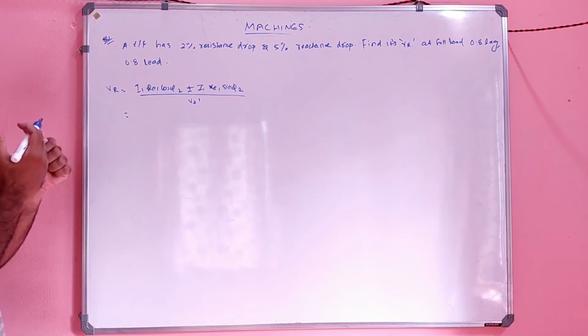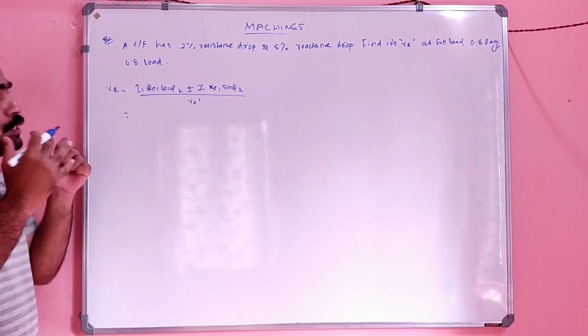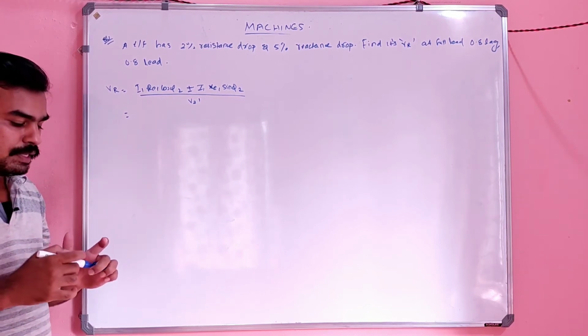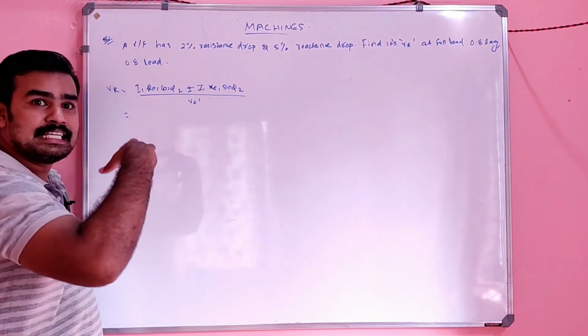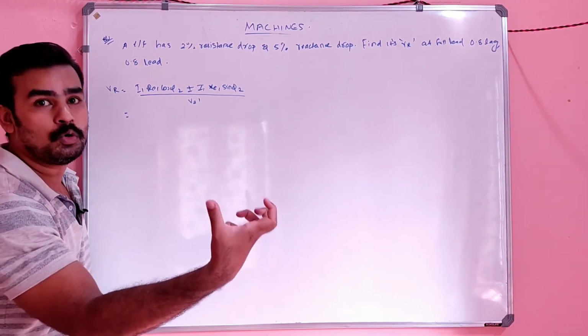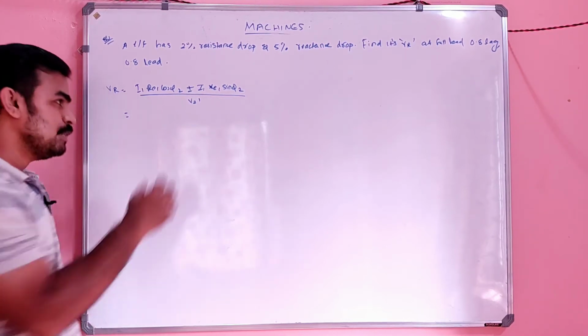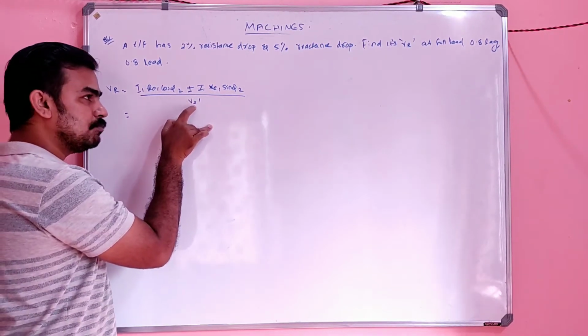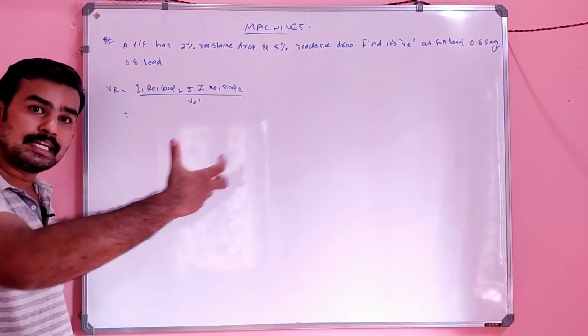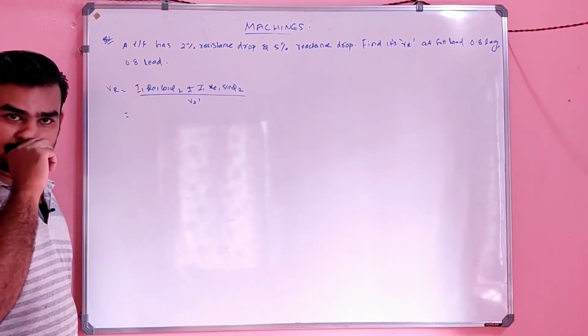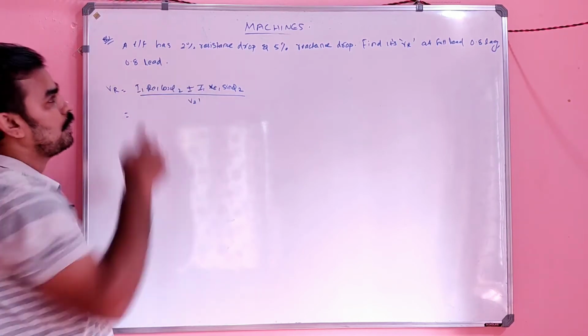If it is mentioned as 2% drop, it means with respect to the terminal voltage, 2% happened as a loss in the resistor. That is the meaning of this sentence.